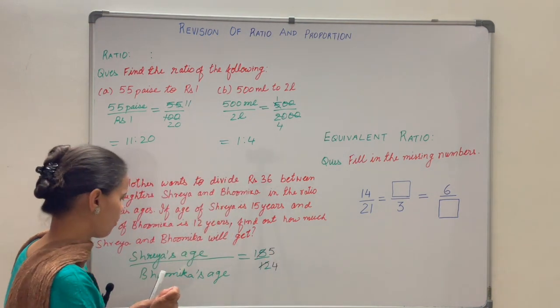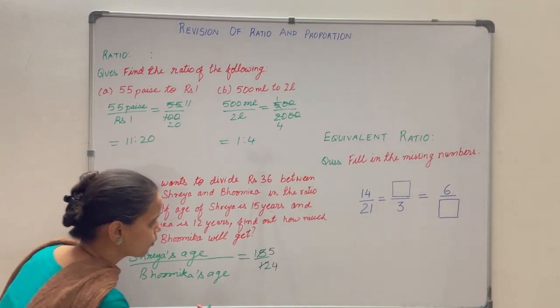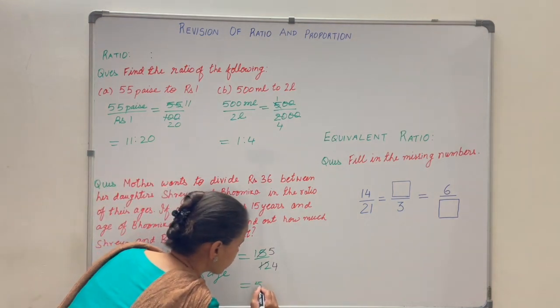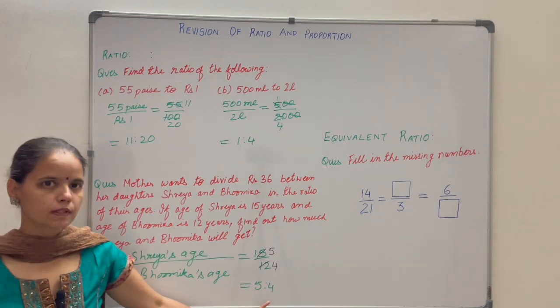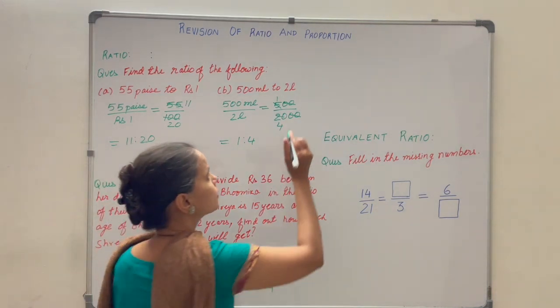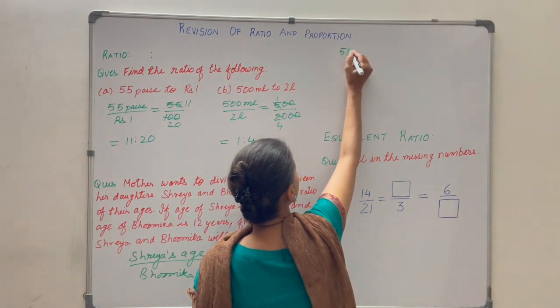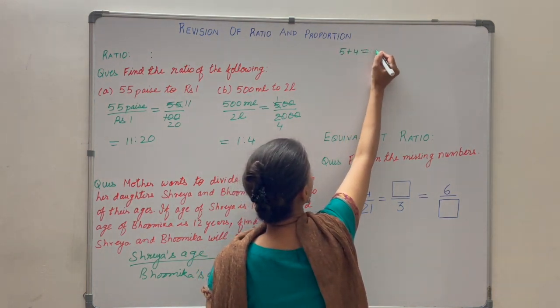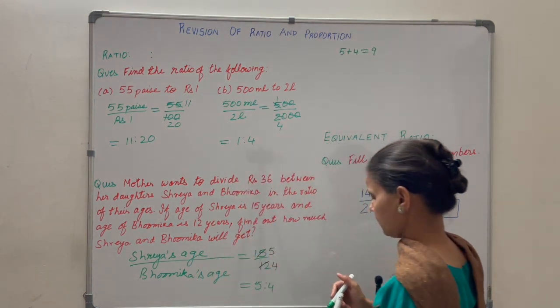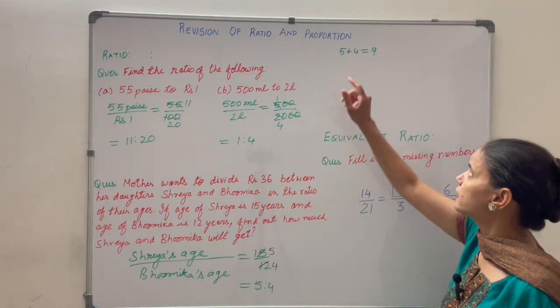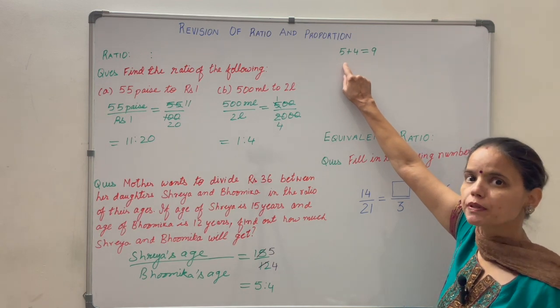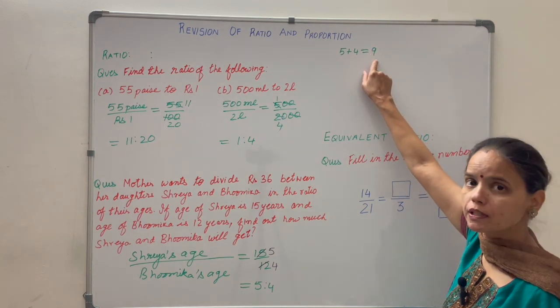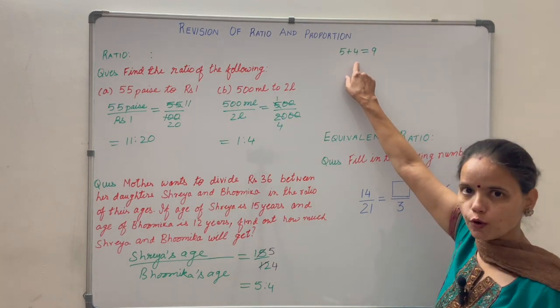So the ratio of Shreya's age and Bhumika's age is 5 is to 4. So now let us add these two numbers 5 and 4 in the ratio. So you get 5 plus 4 equals 9. So that means when there are 9 rupees, Shreya will get 5 rupees. When there are 9 rupees, Bhumika will get 4 rupees.